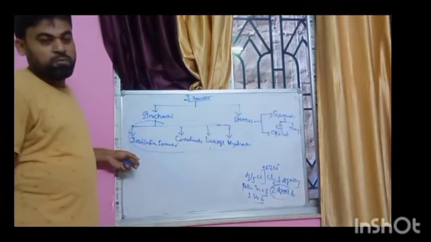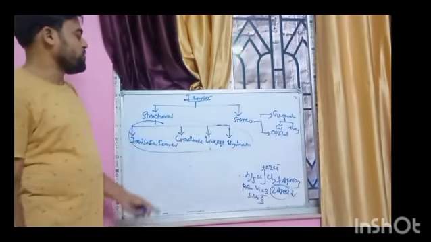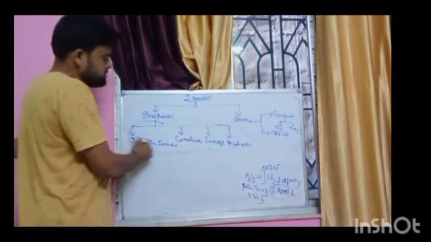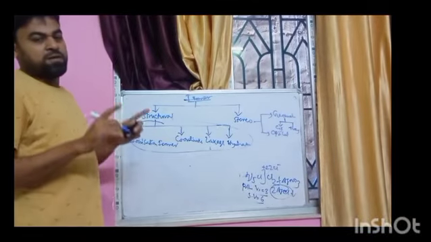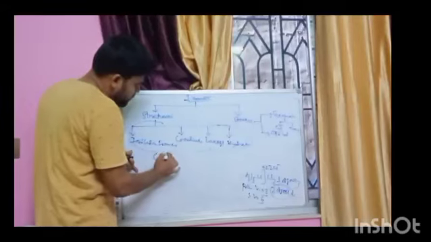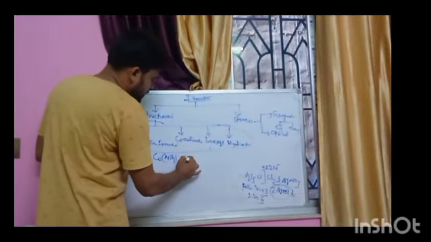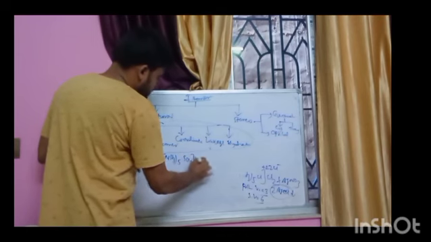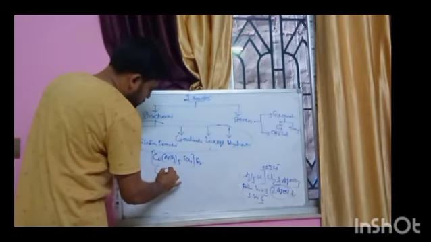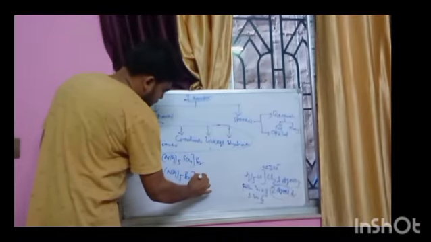Let us take one by one, giving an example of ionization isomer, coordinate isomer, etc. Ionization isomer means, for example, [Co(NH3)5SO4]Br and [Co(NH3)5Br]SO4.